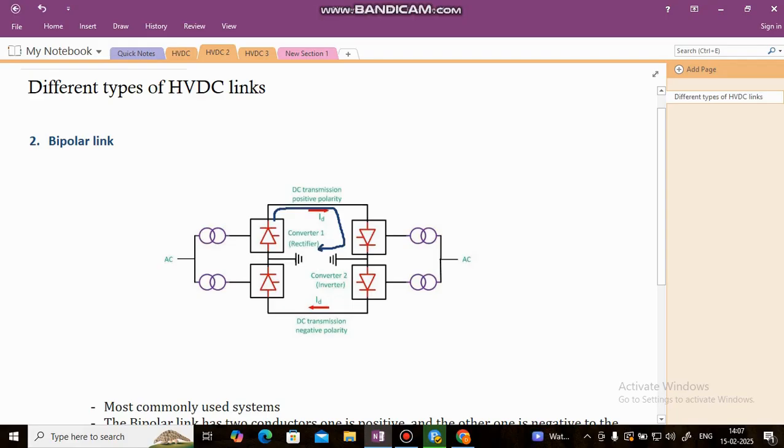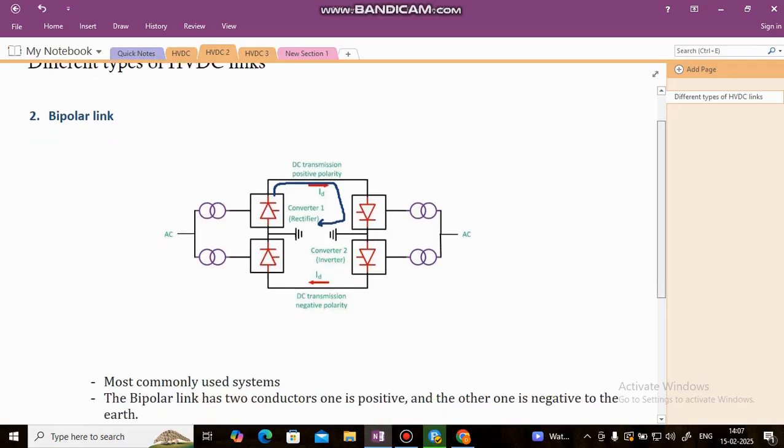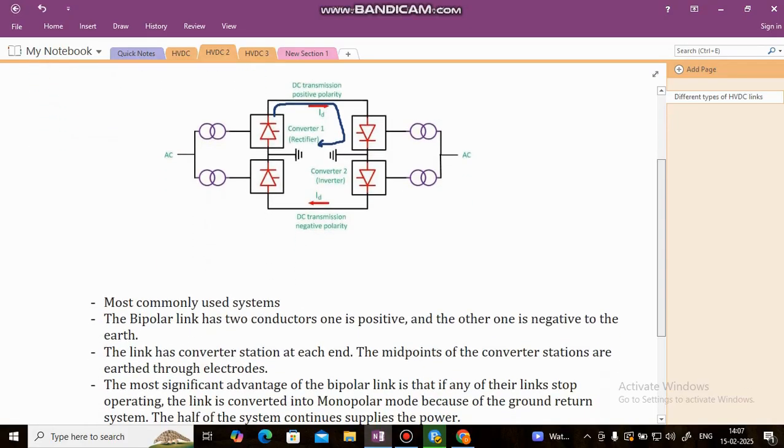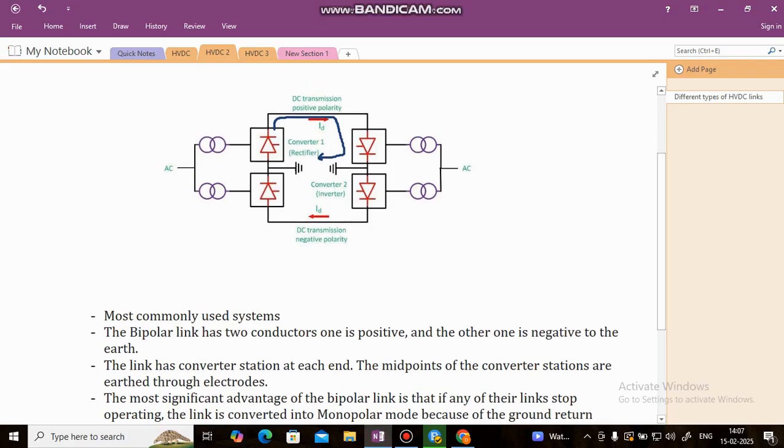It is the most commonly used system because it has high power transfer capability and its reliability is high. The only drawback is that it requires two converters at the sending end and two converters at the receiving end. So its initial cost is high. So it is all about the bipolar link.